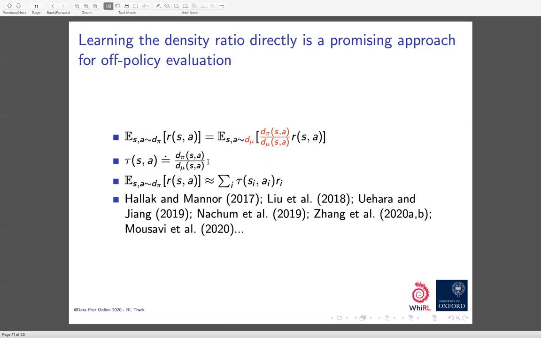Let's say we know this density ratio tau somehow, then we can easily estimate this expectation with the sampled data from the behavior distribution d mu. We just reweight each reward with the corresponding density ratio, then we can get a good estimation. So here the problem is to learn the density ratio tau. This has been a very active area of research, and there are many interesting works recently.